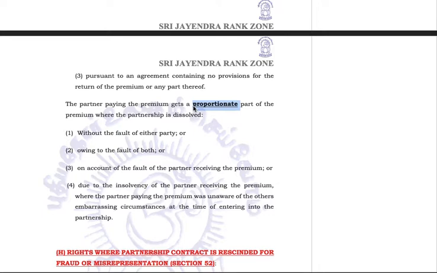Proportionate part means if he had paid 40% extra, then whatever is left in the profits, he will take 40% extra.